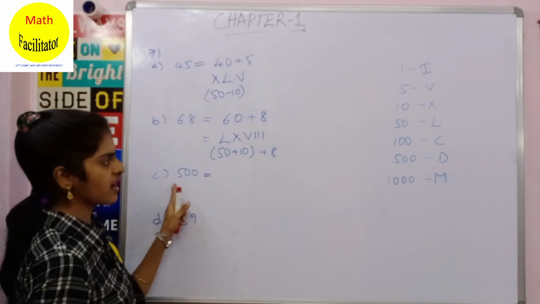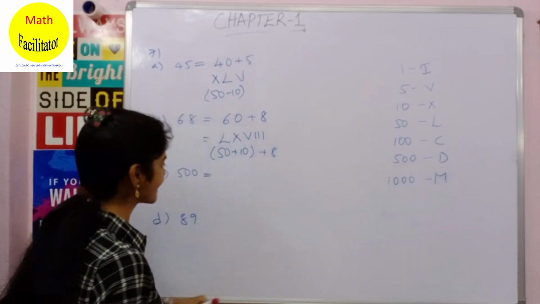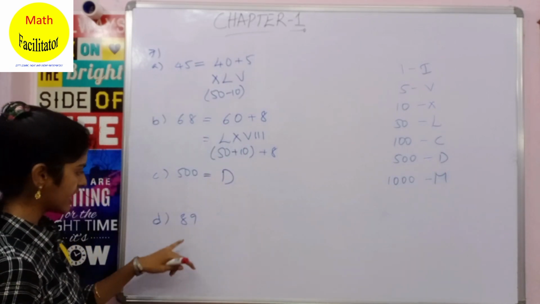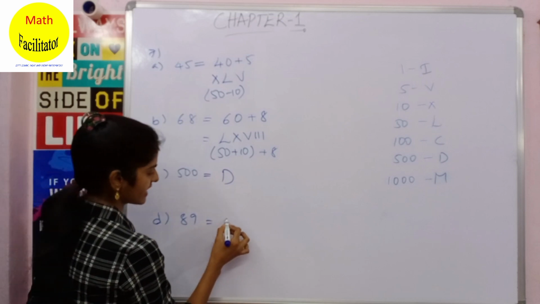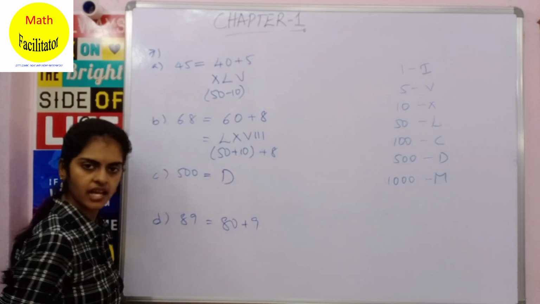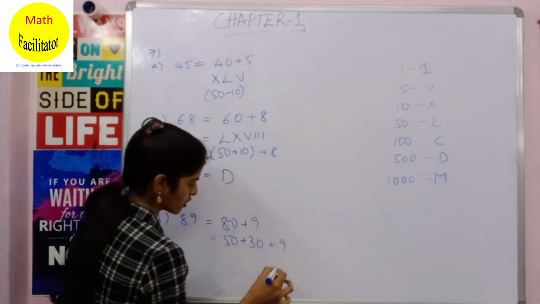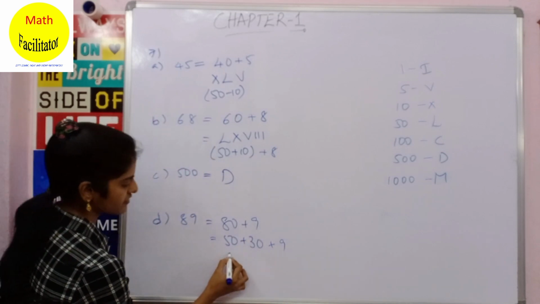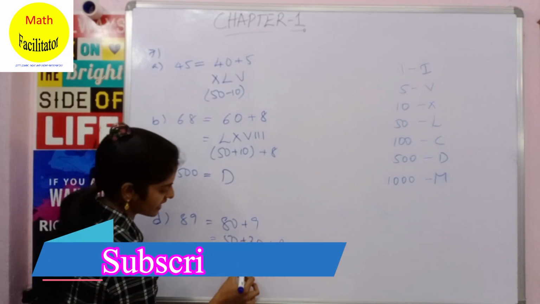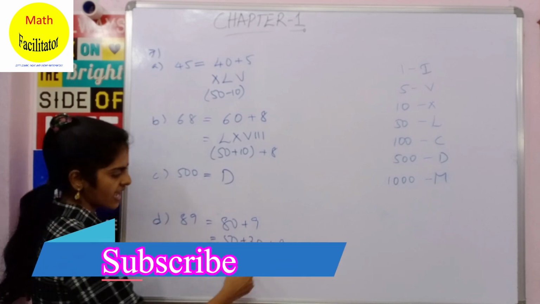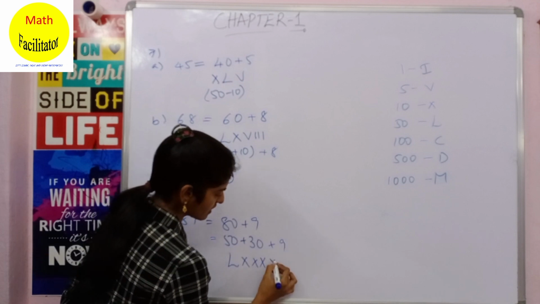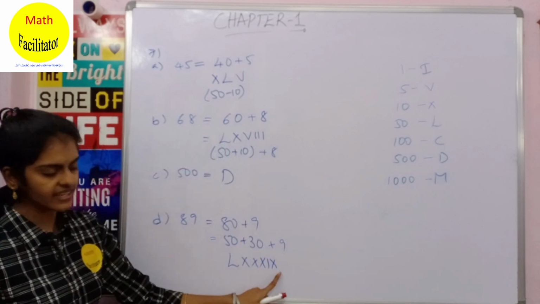Now 500 you have a direct letter represented, it is D. Now 89. 89 you can write as 80 plus 9. This is nothing but 50 plus 30 plus 9 because you have a symbol for 50. Now 50 is nothing but L, 30 you can write as X, X, X and 9 is nothing but IX.